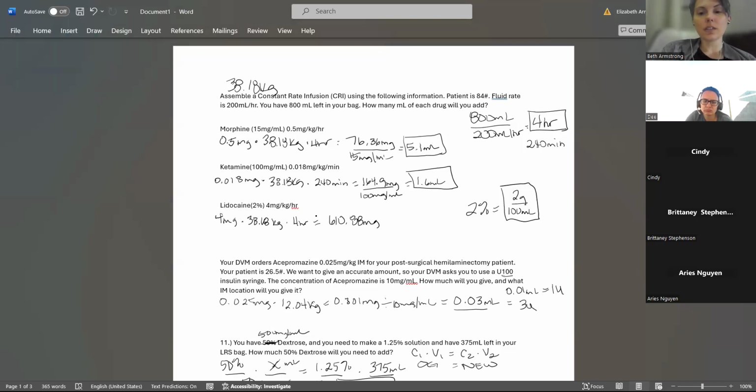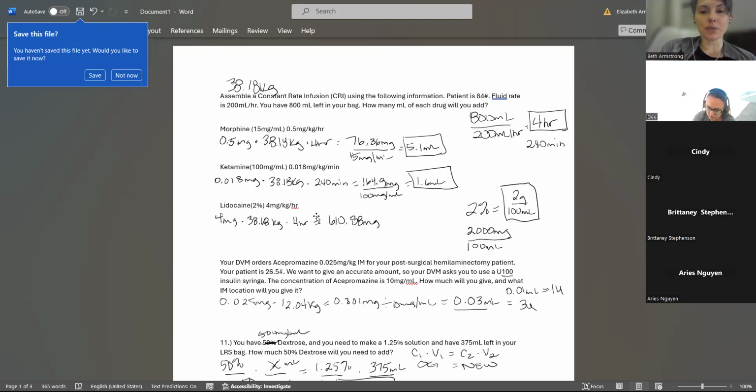Okay. So how we figure this out is 2 grams. 1 gram is 1,000 milligrams. So 2 of them is 2,000 milligrams over that 100 mLs, correct? To simplify it, we have 2 zeros on the bottom, so I can cross those 2 zeros out.